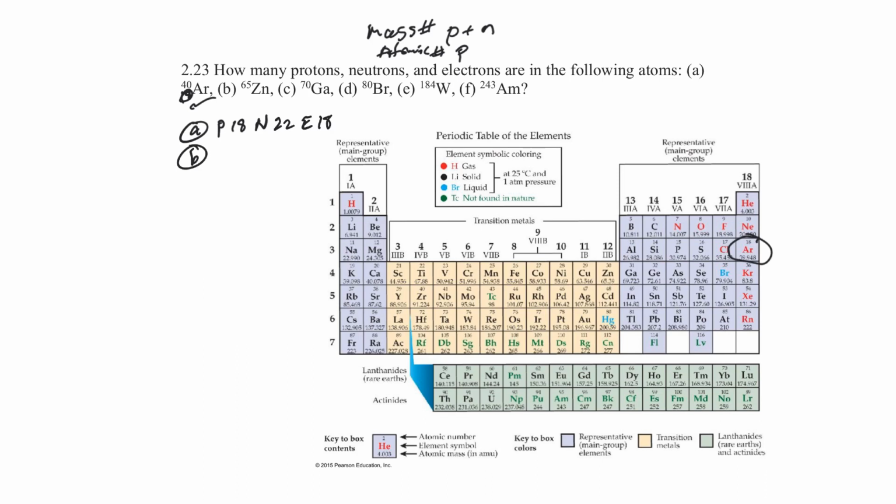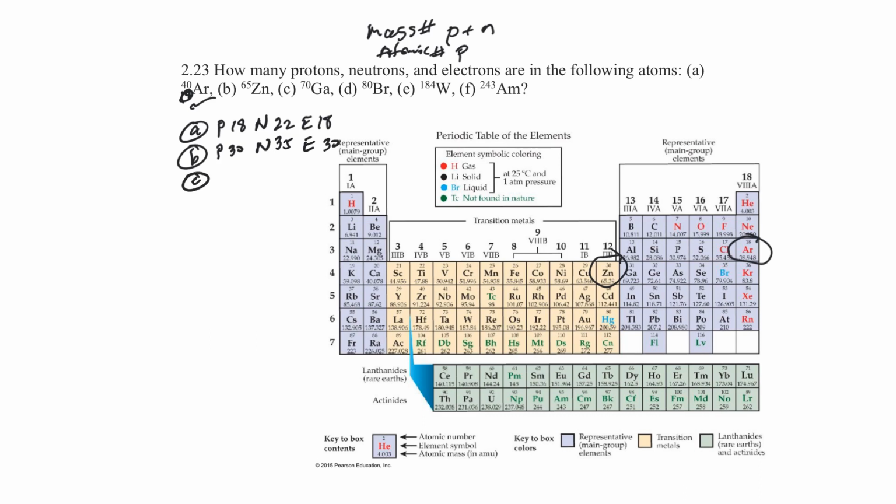B, zinc-65. Zinc is number 30. So this is going to be protons, 30, neutrons, 65 minus 30, so we have 35, and electrons is the same as protons, 30.